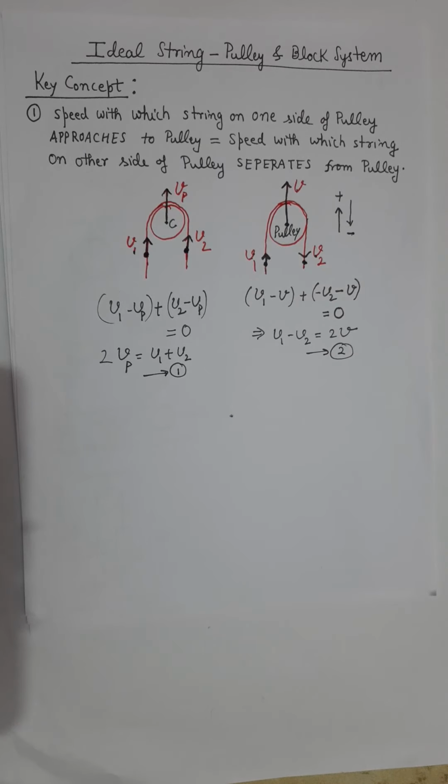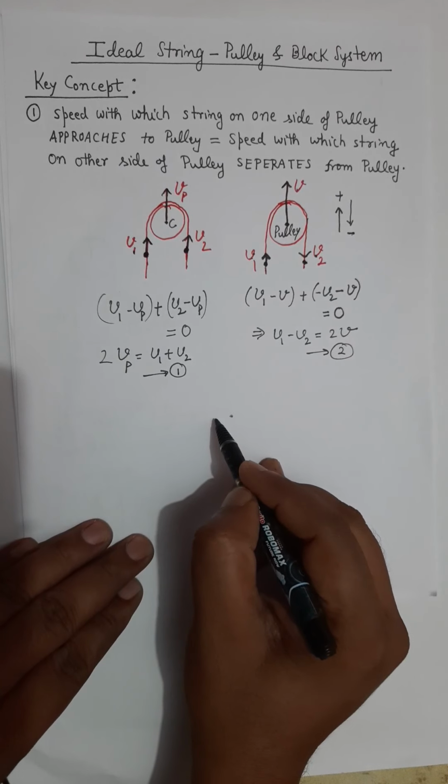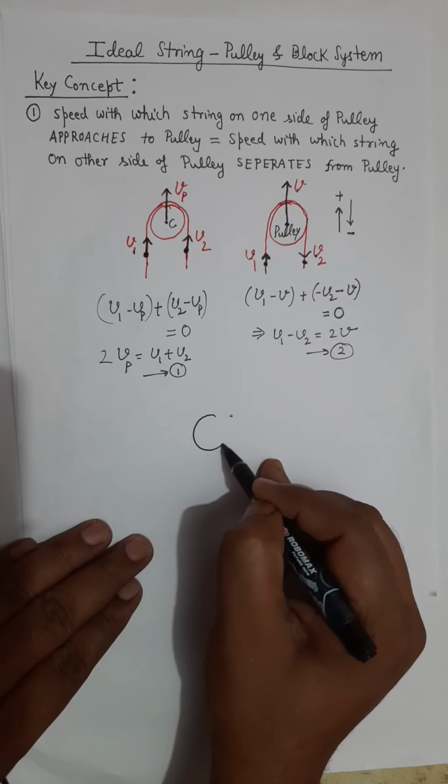Of course, there is logic behind this equation, and the logic is written in front of you. We are dealing with inextensible strings, which means the length of the string cannot change.